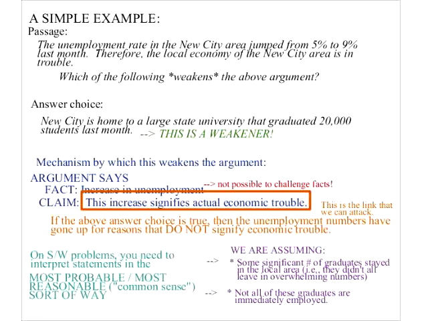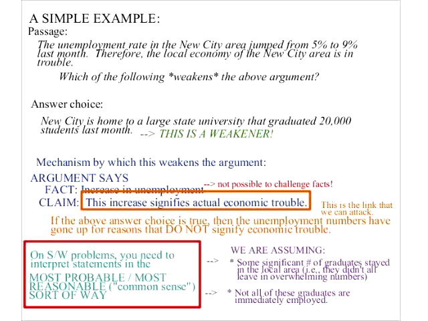This is not something that you do on other question types. This is absolutely not, for example, something that you would do on draw the conclusion questions. But you have to make the most probable assumptions about stuff. In other words, you have to interpret statements the way that common sense people on the street would interpret them. So for instance, you need to interpret something about whether these people are leaving town or not.